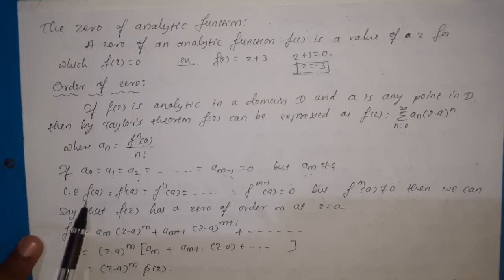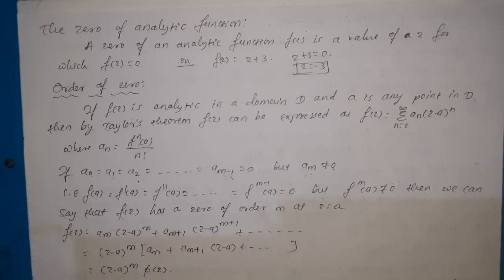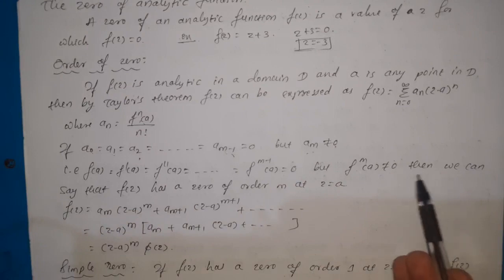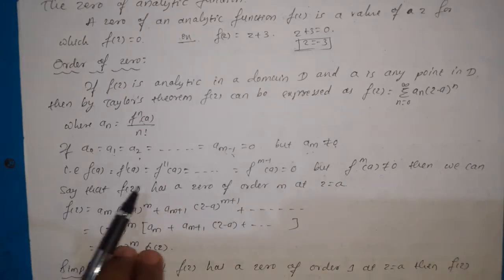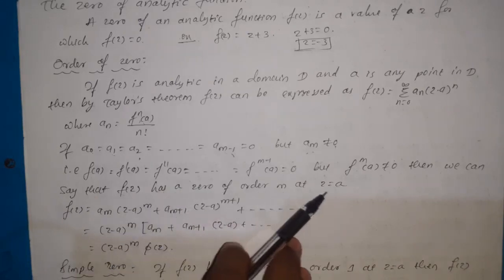That is what we have written here: f(a), f dash of a, f double dash of a, and so on up to f^(m minus 1)(a) equal to 0. All the preceding derivatives are 0, but only f^(m)(a) is not equal to 0. Then we can say that f(z) has a zero of order m at z equal to a.